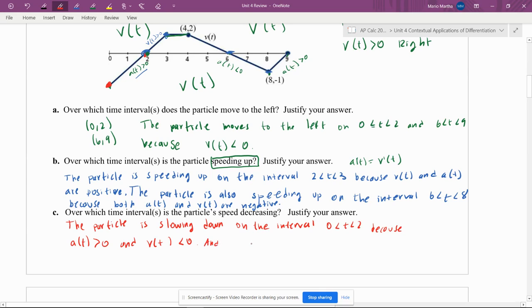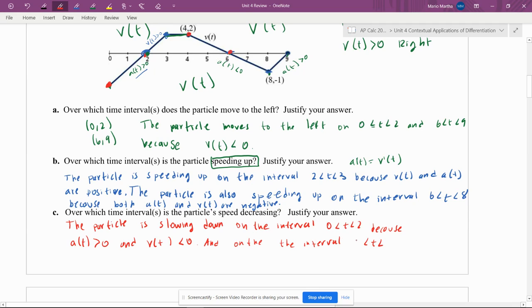On the interval, oh, no, sorry. Actually, wrong one. So the interval is right here, between 4 and 6.